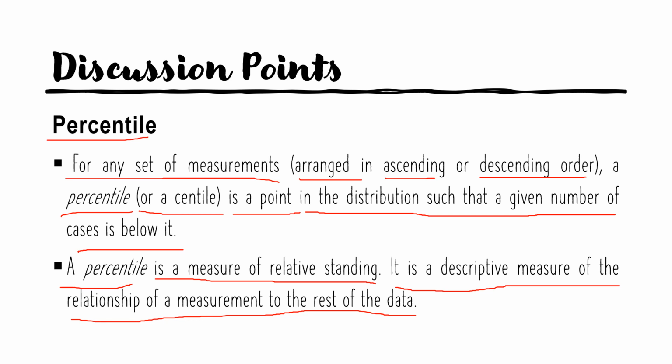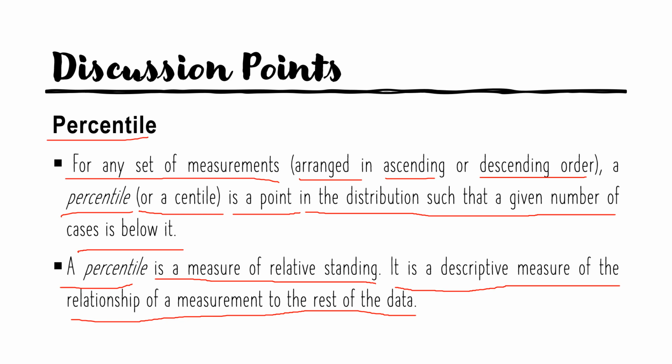For us to visualize more what is a percentile, let's try to consider this situation. Having obtained a score of 85 in a recently concluded unit test in science, John wanted to know how he fared in comparison with his classmates. His teacher told him that he scored at the 90th percentile.